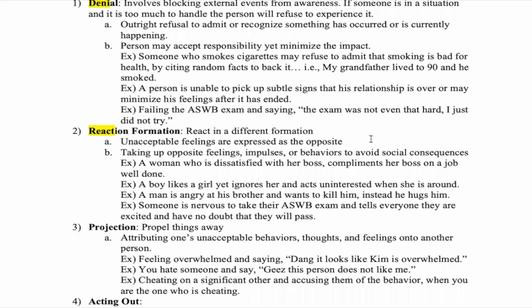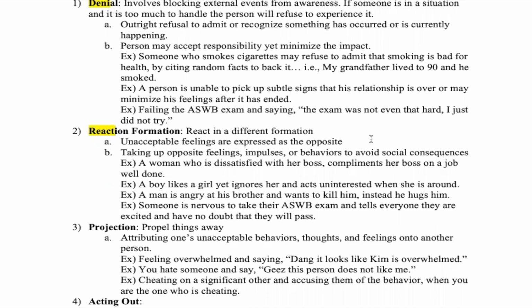However, the key component here is reaction formation is where somebody is going to react in the opposite emotional formation than they actually feel. Stated in a different way, unacceptable feelings are expressed as the opposite. So it's taking up opposite feelings, impulses, or behaviors to avoid social consequences in some way, shape, or form.